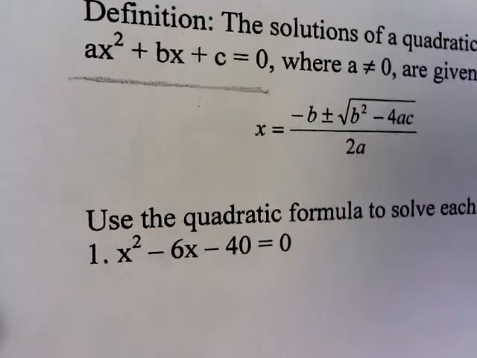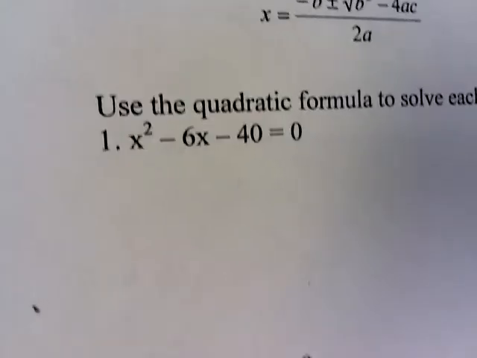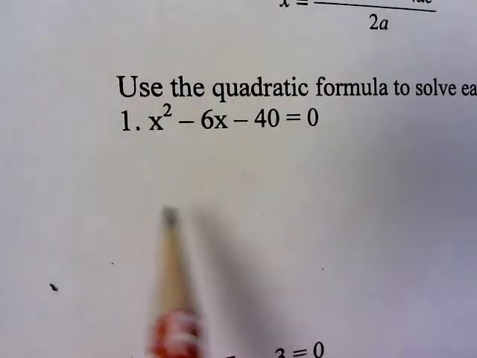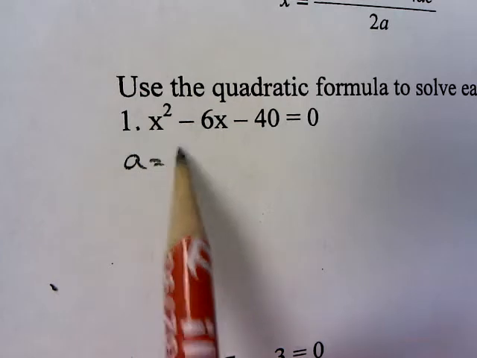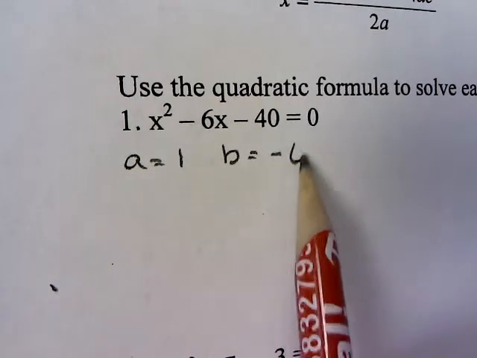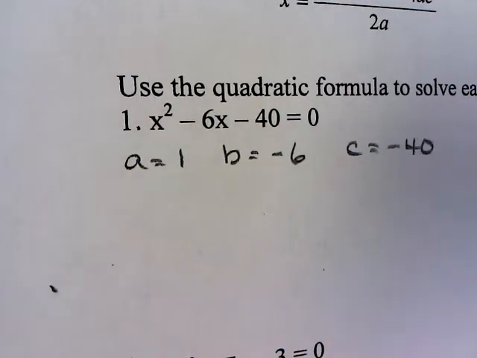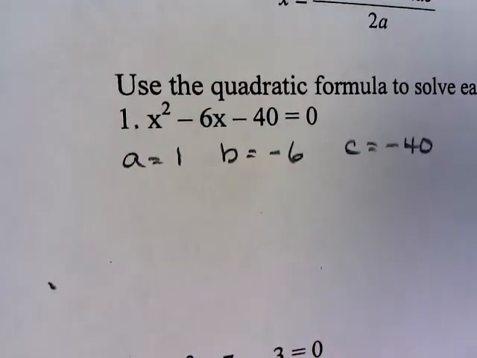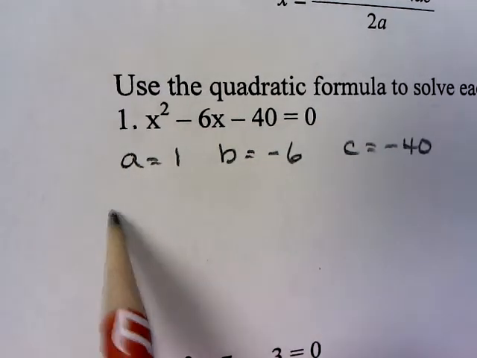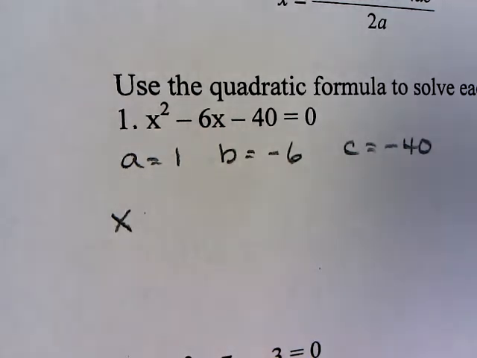So let's look at number 1. All right, so first identify my a, identify my b, and don't lose the negative, identify my c. Now, I put it into my equation. I do not have to worry about a GCF or anything. I just take the original equation, shove it in.